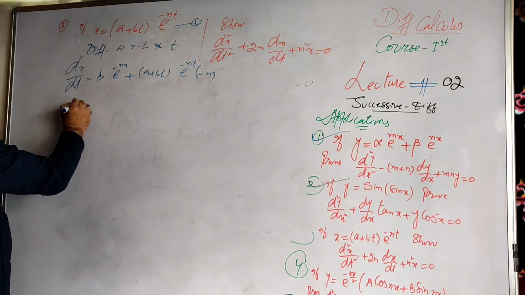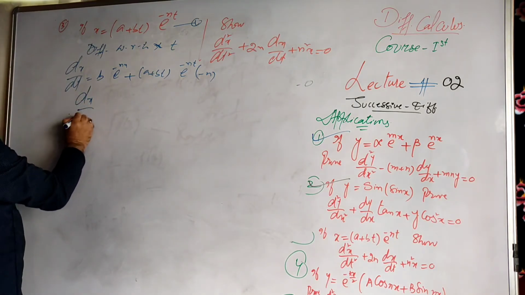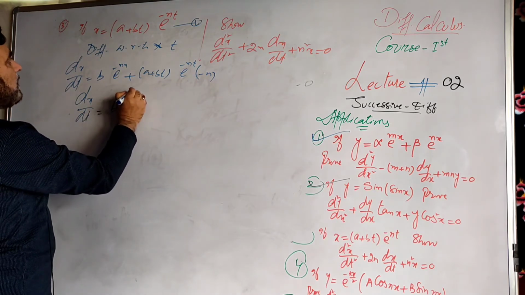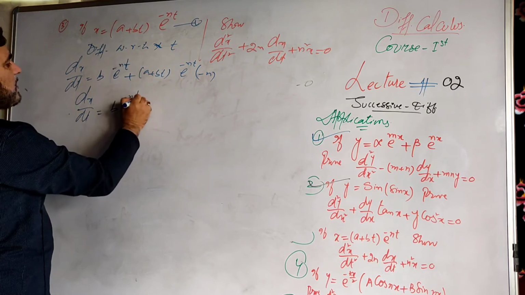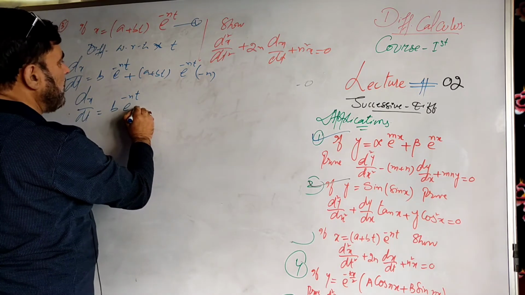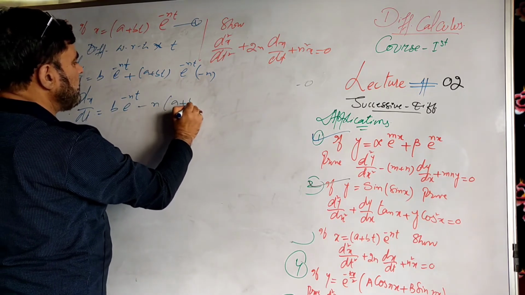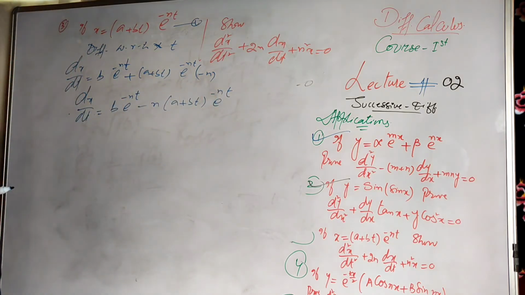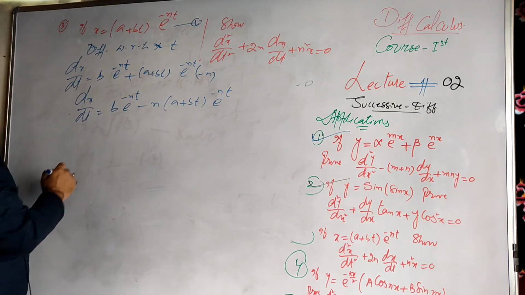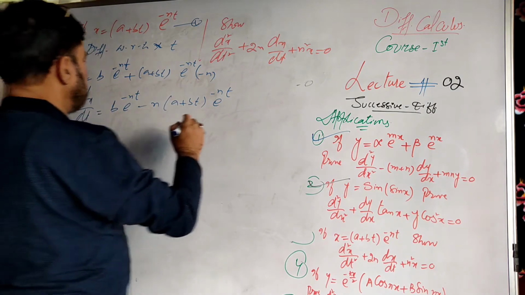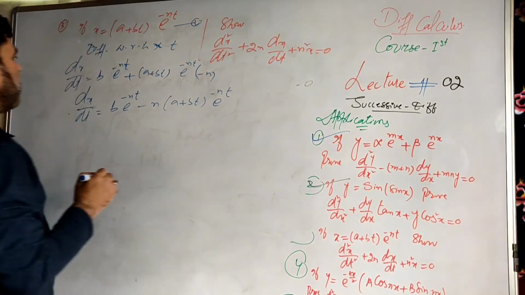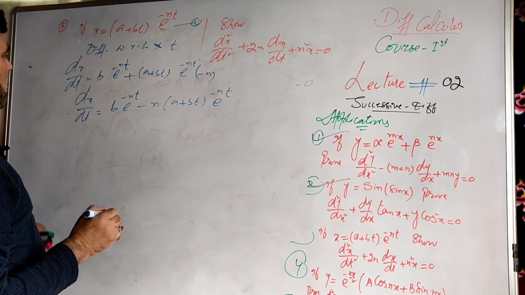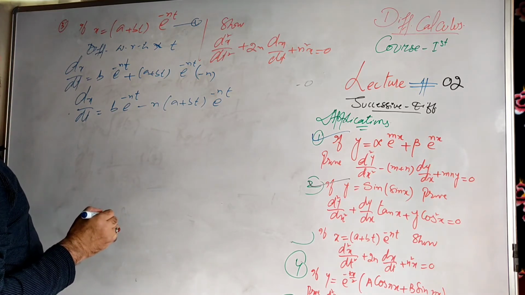Well, this gives you dx by dt is b e raised power minus nt, minus n times a plus bt e raised power minus nt. Do you follow me?